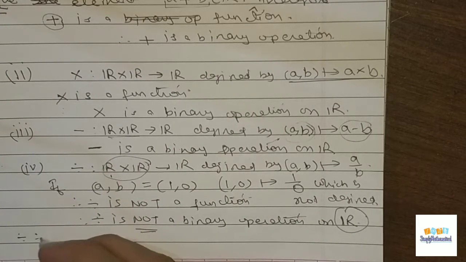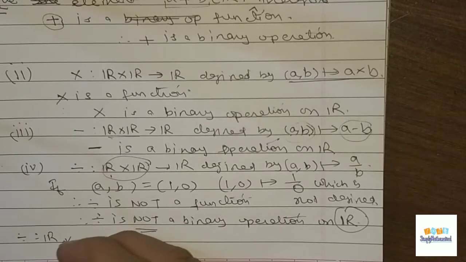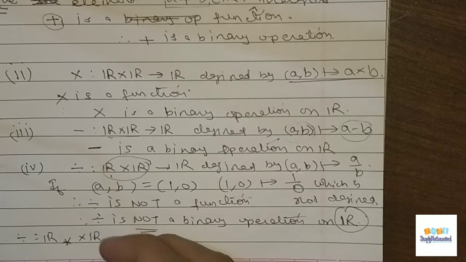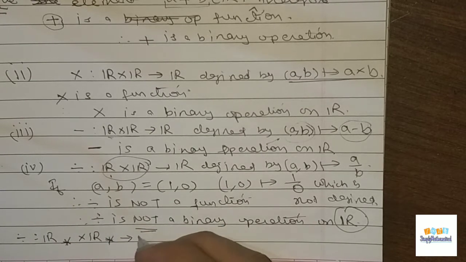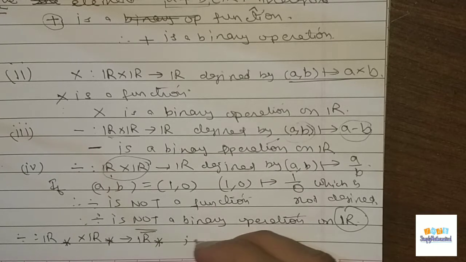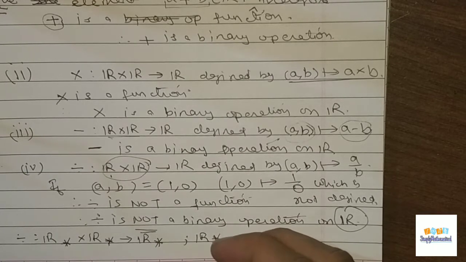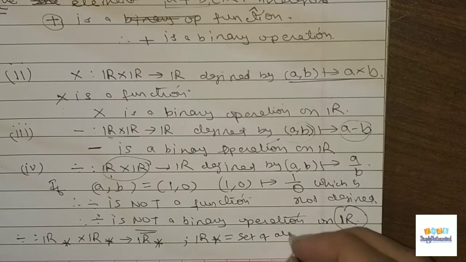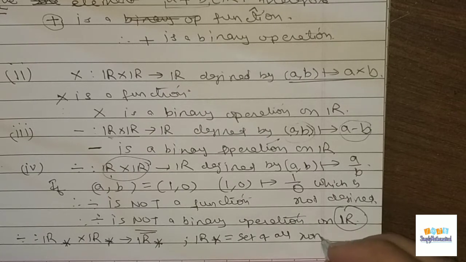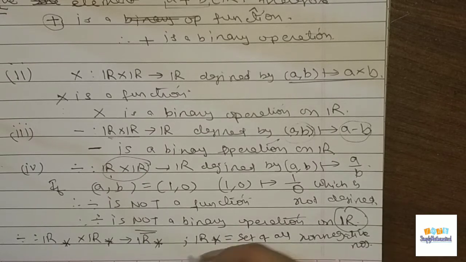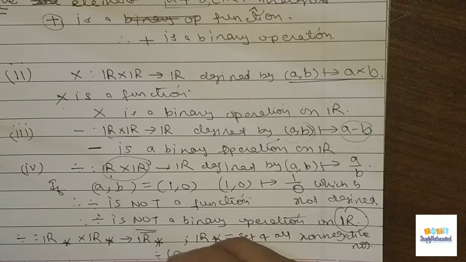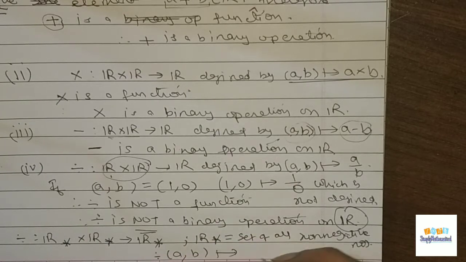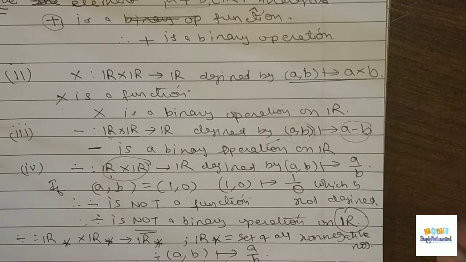So if we take division from the set R star cross R star to the set R star, where R star is equal to set of all non-negative numbers, but the definition of division, that is a comma b, is same, that is a divided by b.